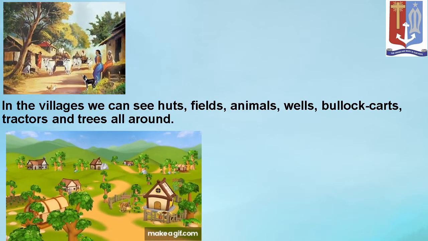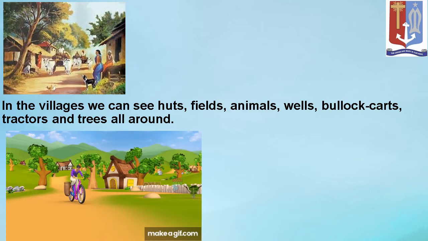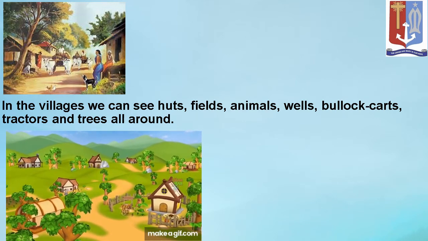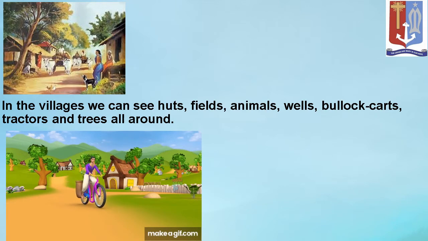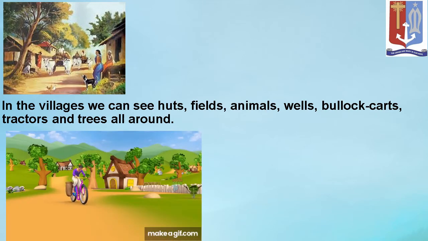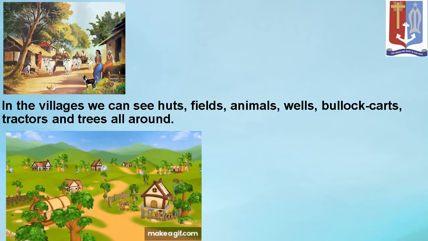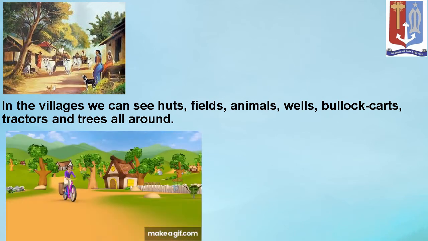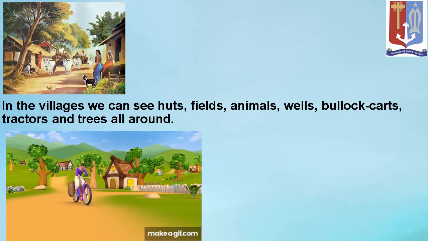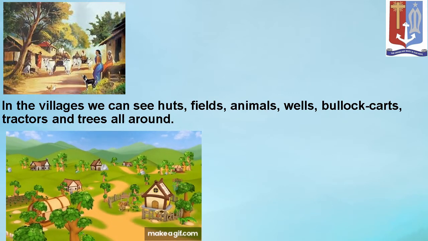In the villages, we can see huts. So now in the city, you see buildings. In the villages, you see small huts, small houses. Fields, there are lovely fields, children. There are fields everywhere around in the village. Animals, so we see different types of animals there.